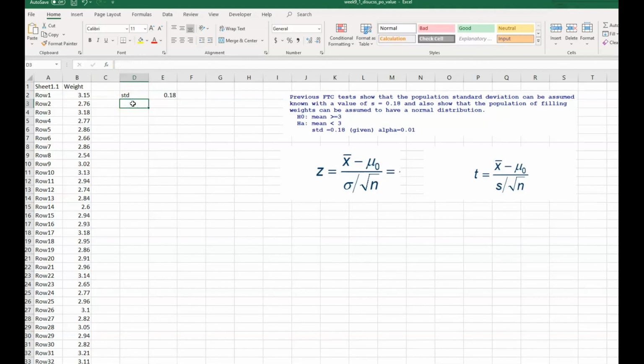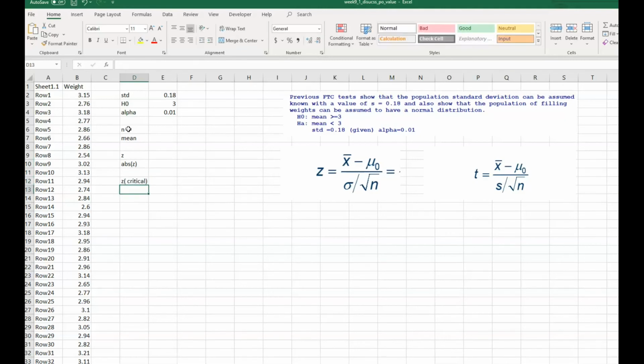The null hypothesis is 3, and alpha is 1%, 0.01. And we calculate how many observations. We calculate the mean. We calculate the Z value. We calculate the absolute Z value, and we calculate Z.